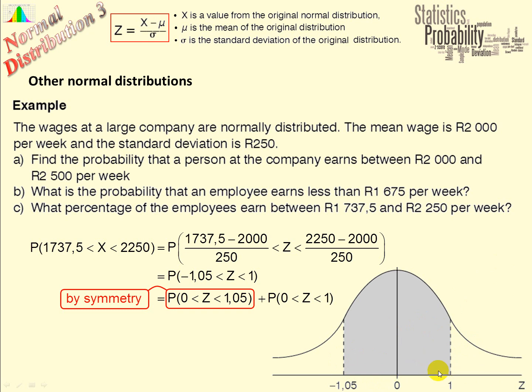So it's that section plus this one. There we are. So we only look at the right-hand side of the curve. It's that gray area to 1, and it's the red area to 1.05. Gives you that full gray area. So that means it's 0.6944, 69.44% of the employees earn between those two values.